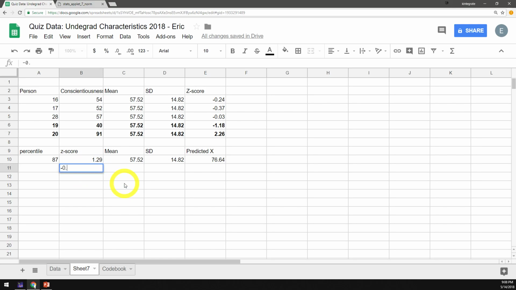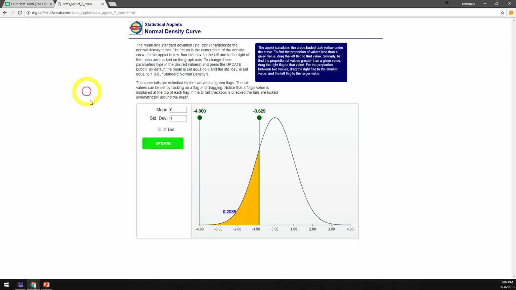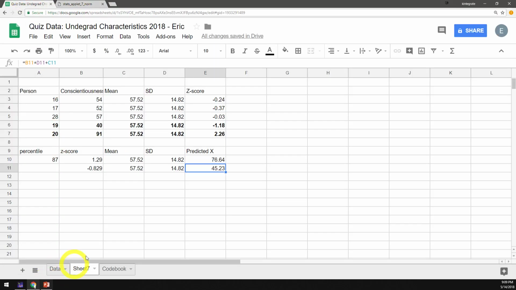We type this in, use the same mean, and pull this down, and that gives us a predicted score of 45.23. So that is the predicted score at the 20th percentile.